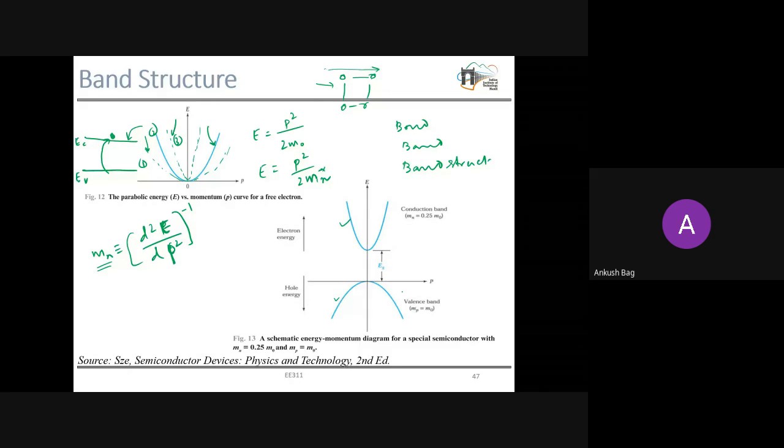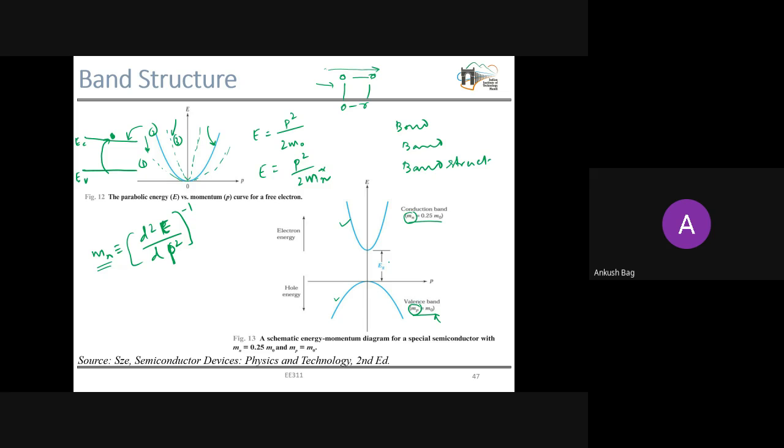Now from here also, look at this. These are the effective masses. This is the effective mass of electron here, and this is the effective mass of hole. M naught is the free electron mass. You can see this is a bit flatter curvature or parabola compared to the conduction band.